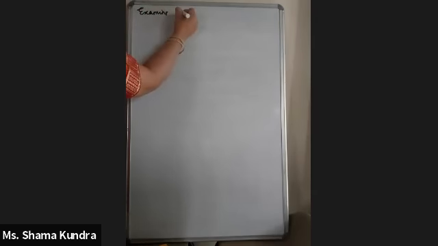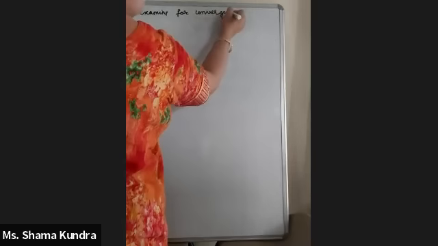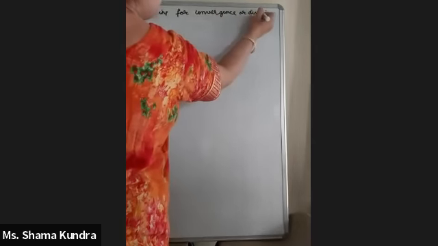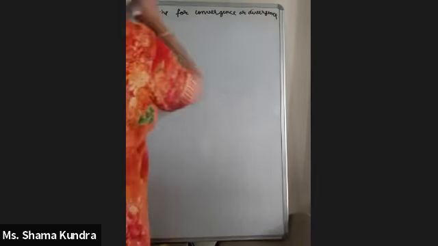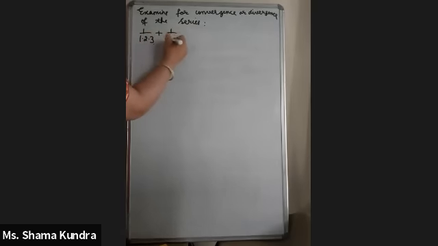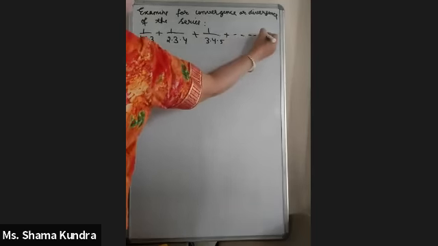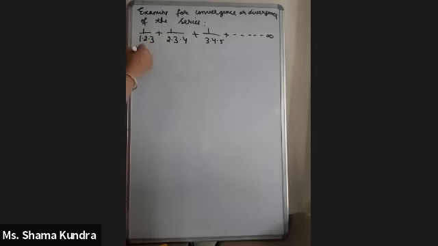The statement is: examine for convergence or divergence of the series 1 over 1 into 2 into 3 plus 1 over 2 into 3 into 4 plus 1 over 3 into 4 into 5 plus so on till infinity. See its solution.